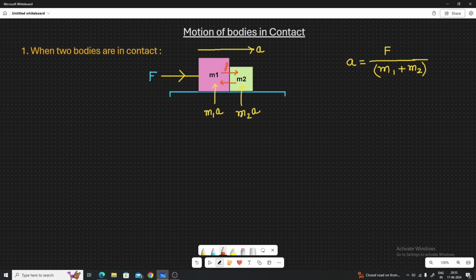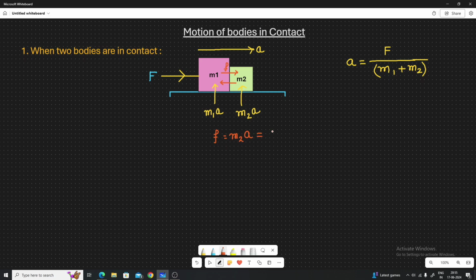Simply, the value of F will be m2 into a.